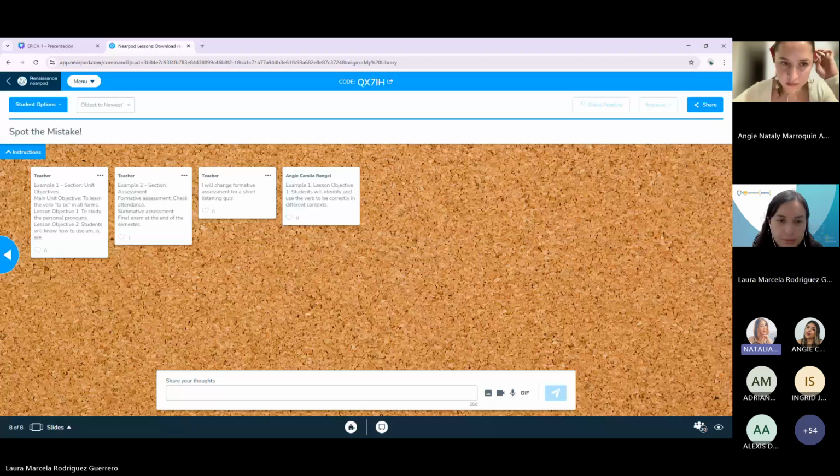Main strategy: apply gamification as an innovative method to enhance student motivation and participation. Teaching strategy: students will engage in interactive quizzes and competitions through digital platforms such as Kahoot or quizzes, promoting active learning and teamwork.